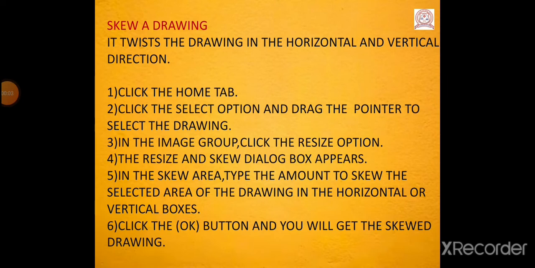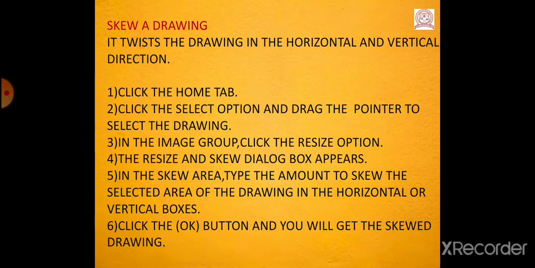Now we will skew a drawing. The skew command twists the drawing in the horizontal or vertical direction. For that, the steps are: click the Home tab, click the select option and drag the pointer to select the drawing. In the image group, click the resize option.